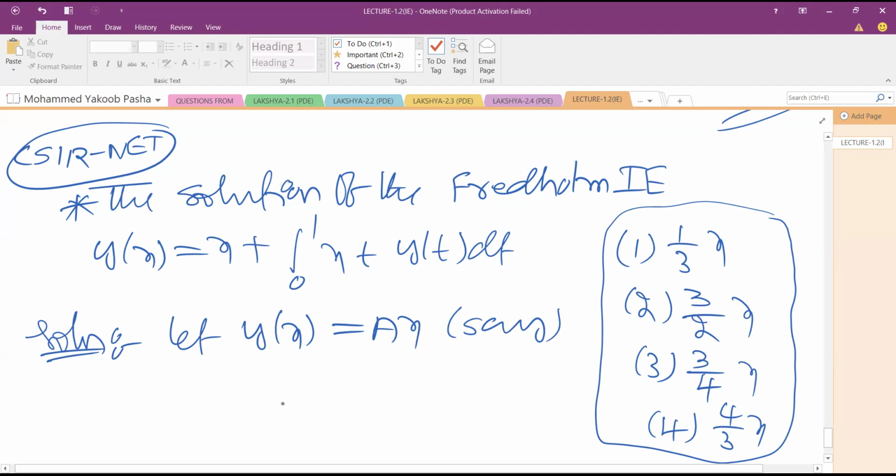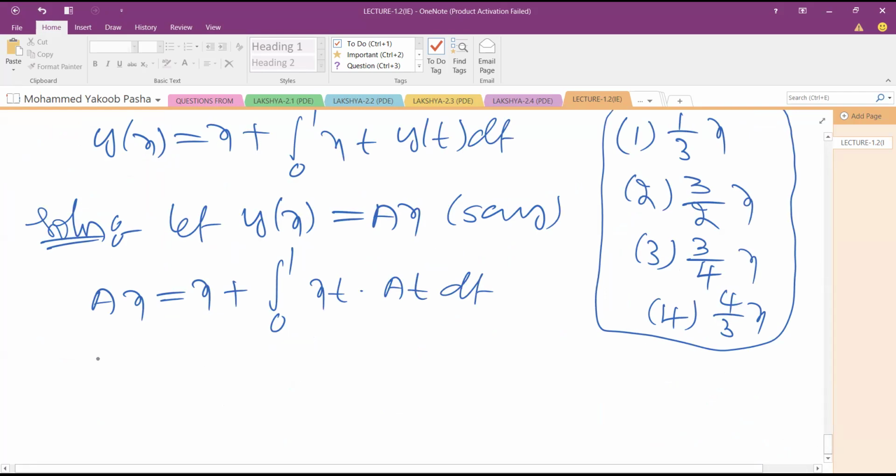So substitute here: ax is equal to, we are substituting in the given integral equation, x plus integral 0 to 1 x into t, y of t becomes a into t dt. So the left side will be ax is equal to x plus x into a, a constant, free from integration. That's why we are writing integration 0 to 1 t square dt.